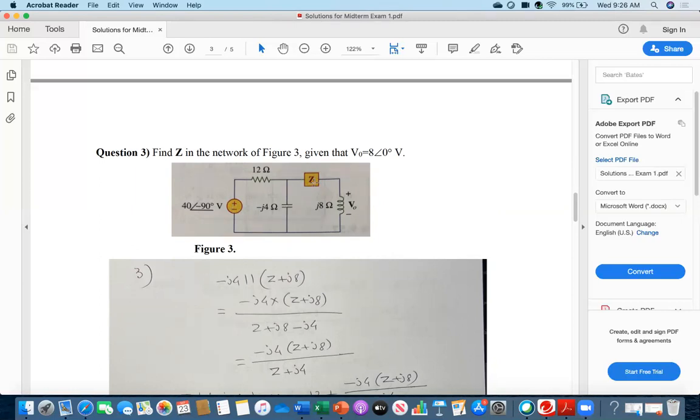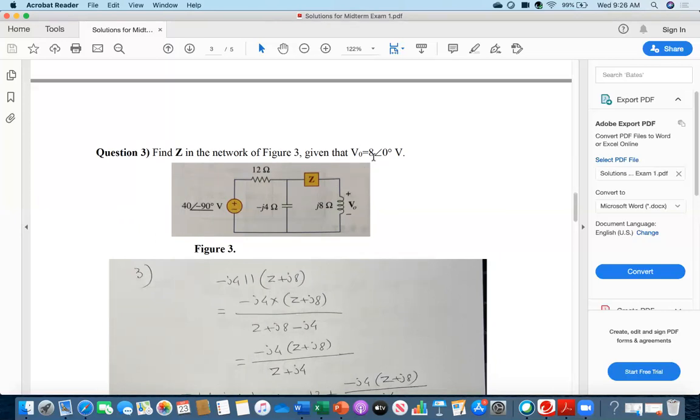The number is not given, the impedance value that you have to find out is J. And then in series there is a J8 ohm inductor, across which the voltage V0 is given. So this V0 is 8 at an angle of 0. With this, find out what should be the value of J so that V0 becomes 8.